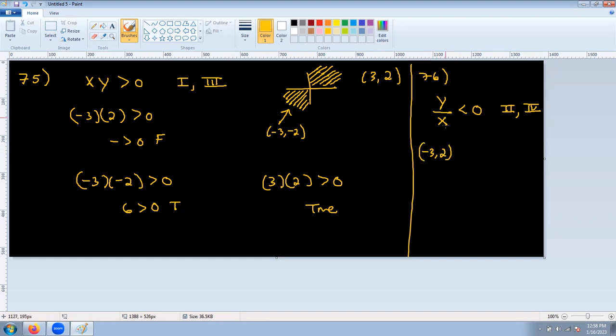If I put in a 2 and a -3, well, this is true. Great. And then what if I did something over here, like a 3 and a -2? I would get -2 over 3, less than 0. This is also true. So no matter what, this thing is true for quadrants 2 and 4.